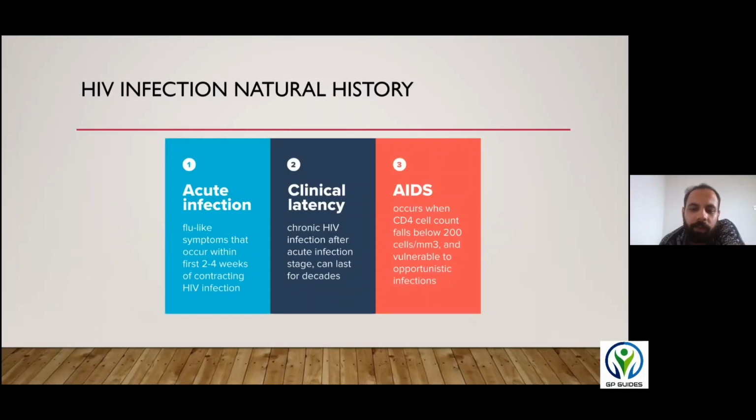After this, ultimately, at a point the CD4 cell count becomes so low that the patient becomes susceptible to several infections, malignancies, etc. Such infections are called opportunistic infections. And AIDS, as I already told, is defined as the syndrome when the CD4 falls below 200, or there are some AIDS-defining conditions.